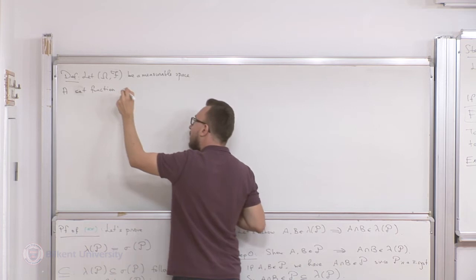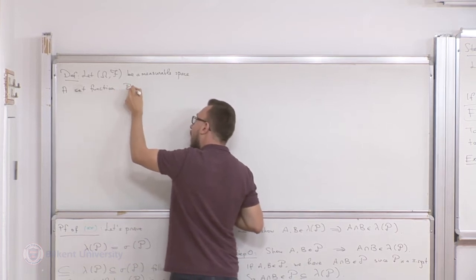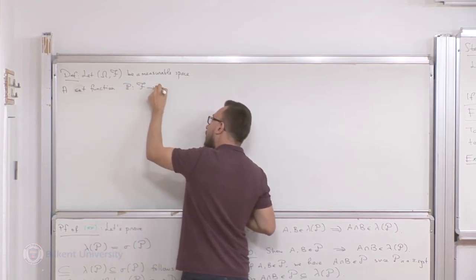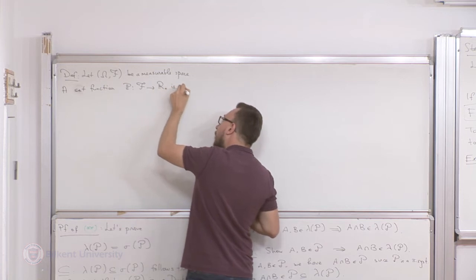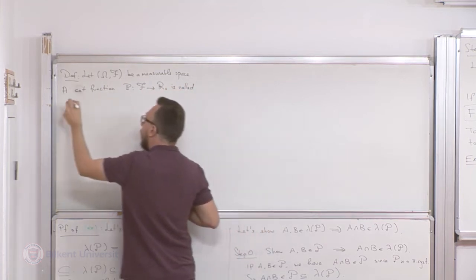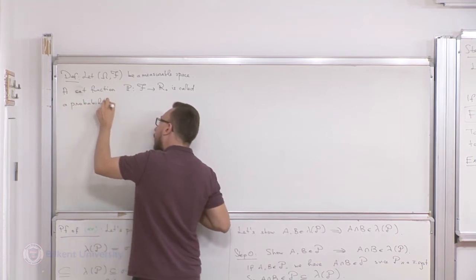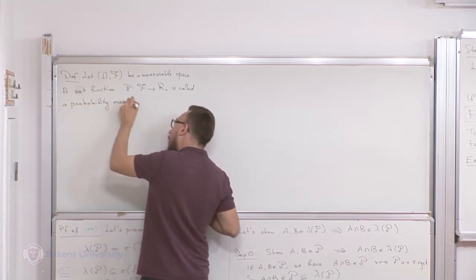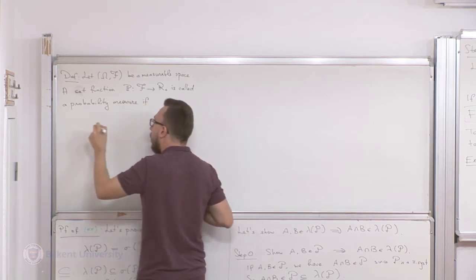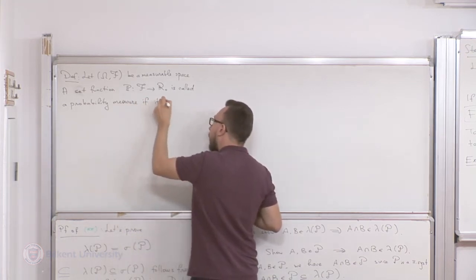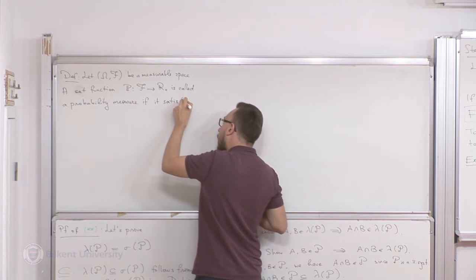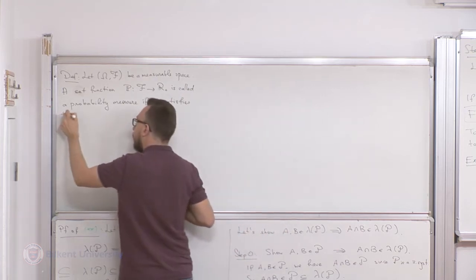Set function means that it's defined on a collection of sets, is called a probability measure if it satisfies the following properties.